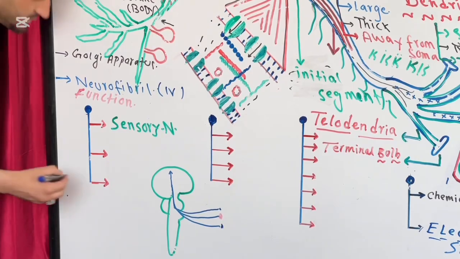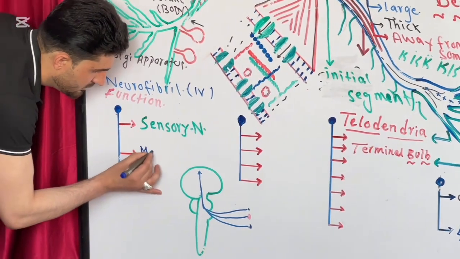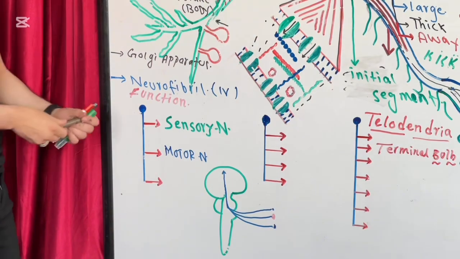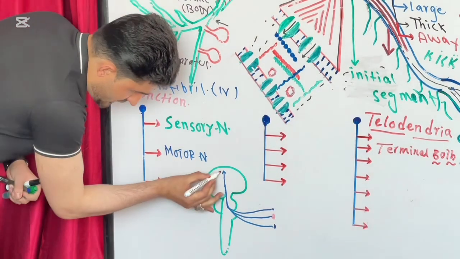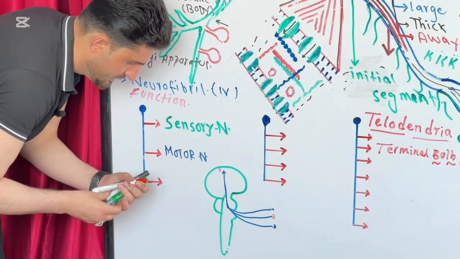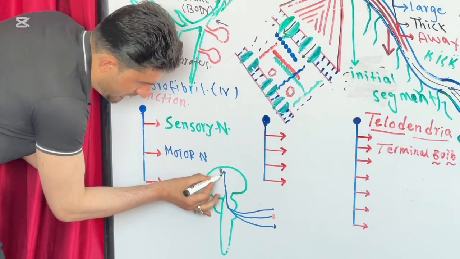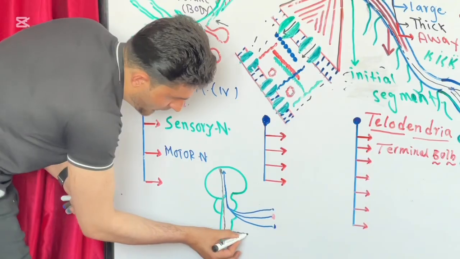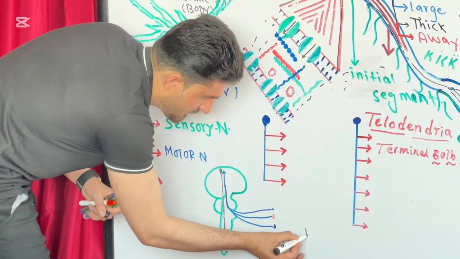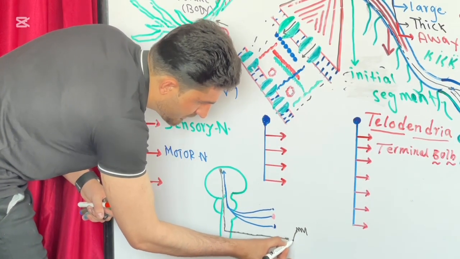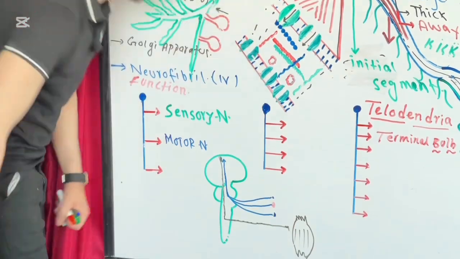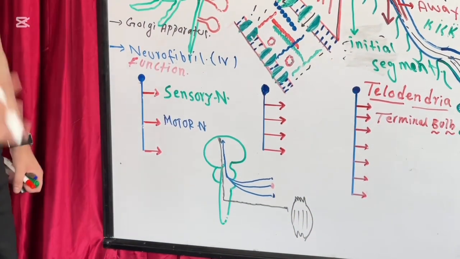Another type is motor neurons. These carry commands and stimulation from the central nervous system, for example to a muscle, from the central nervous system to different types of muscles, glands, organs, and tissues.